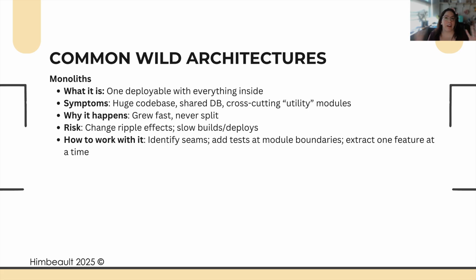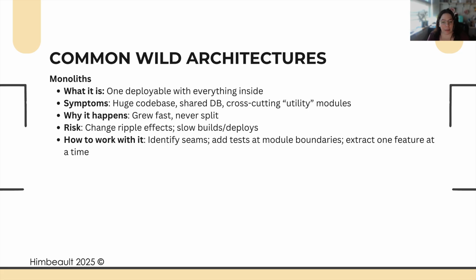Any changes have crazy ripple effects because they're all so intertwined with each other. We have really slow builds and deploys because we're not able to separate out our pieces and only rebuild the pieces that need to be rebuilt based on changes, because all of it is one big giant blob. What are we going to do? Well, we still need to find a way to identify seams.